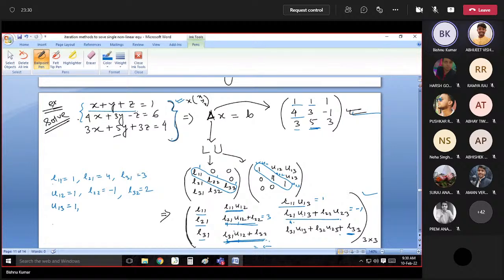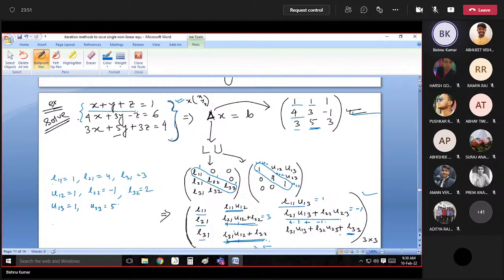This value is U13 times 1, plus L22 already -1, and this is U23 you will get from here. Plus 5. Yes, sir. 2, 3, 5.